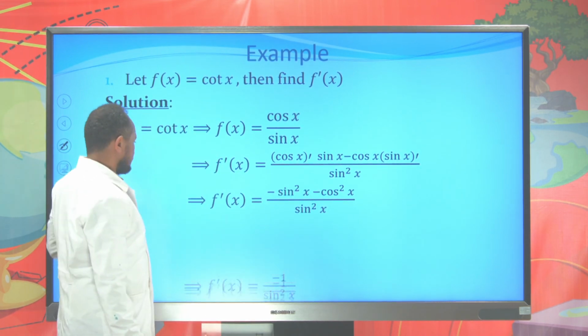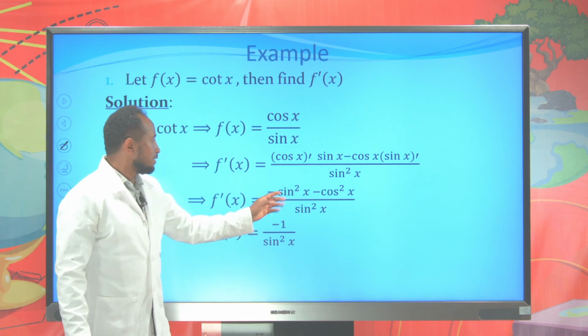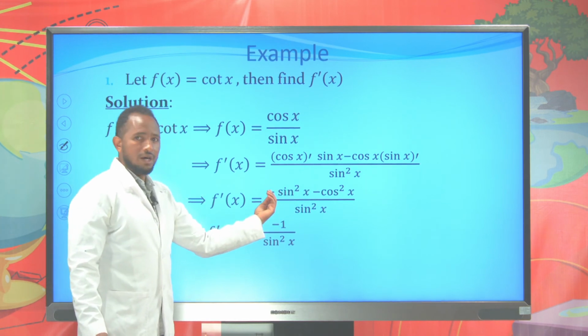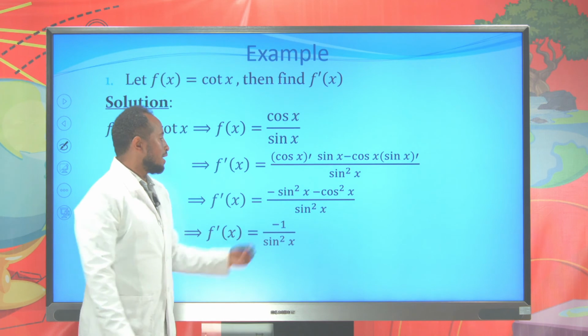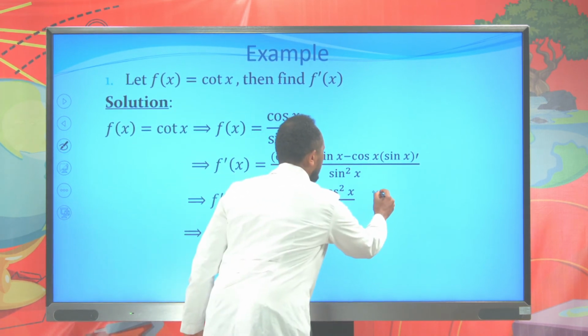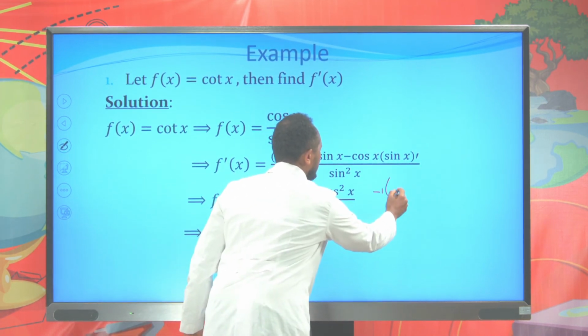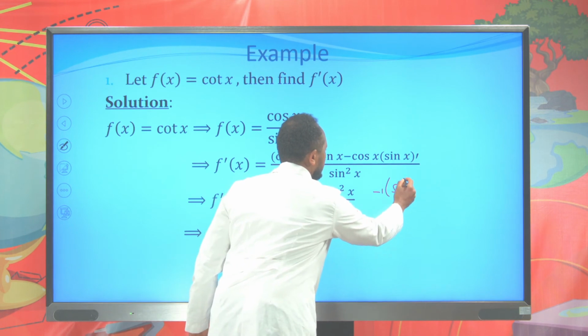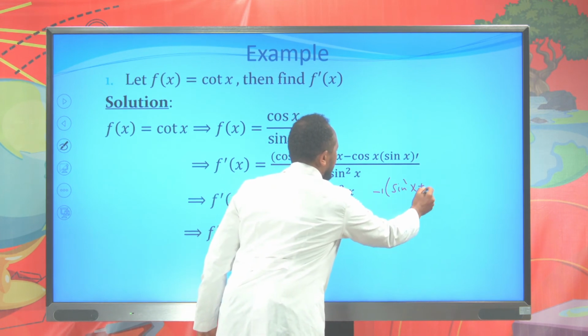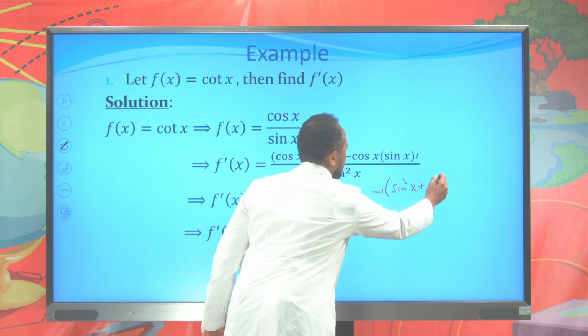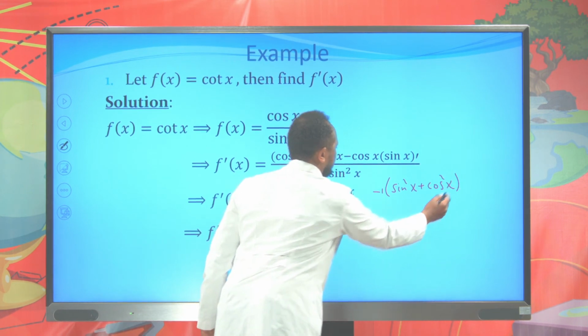So from this you'll have this one. Just taking negative 1 outside as a common factor, you can write this in this form: negative 1 times sine squared x plus cos squared x.